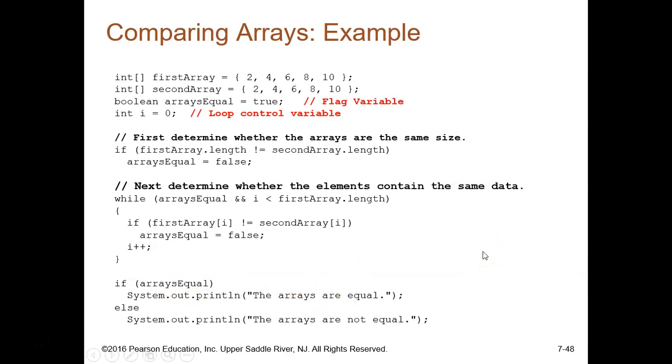We've done stuff like that with flag variables before. But the main thing you need to get from this example is when you compare arrays, you cannot use the is equal to operator to do it. You have to, first of all, check to make sure the arrays are the same length, because if they're not the same length, they can't be equal. And if they are the same length, then you need a while loop that will actually traverse through the arrays.